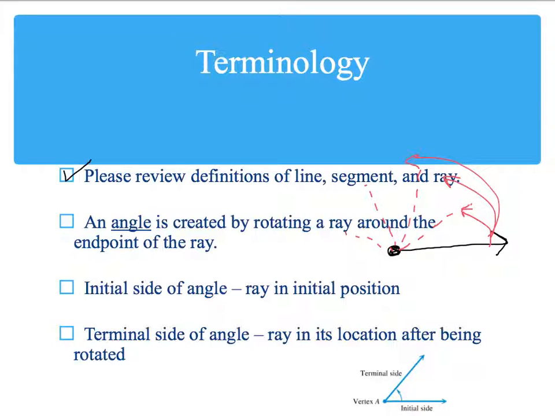So in this case, if this were my angle here, then my initial side is that initial position of the ray. The terminal side is going to be wherever that ray ends up. So in this case, that's where that ray got rotated to, so that's the terminal side.